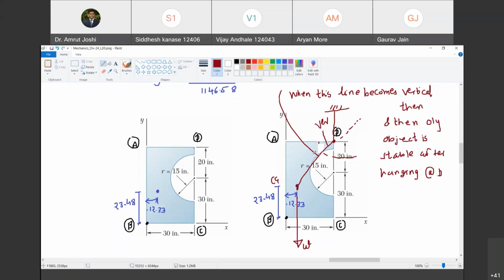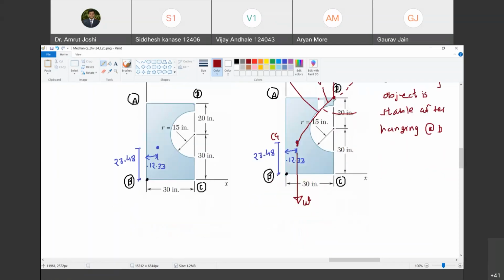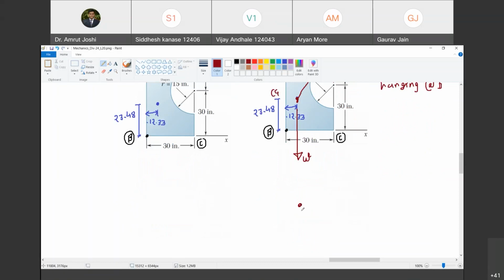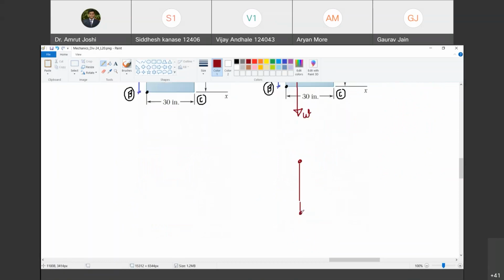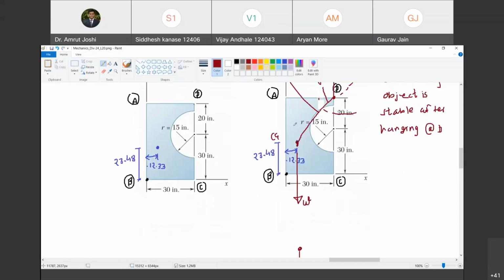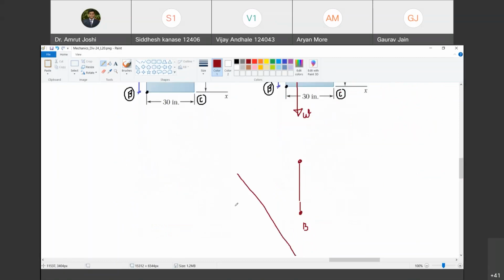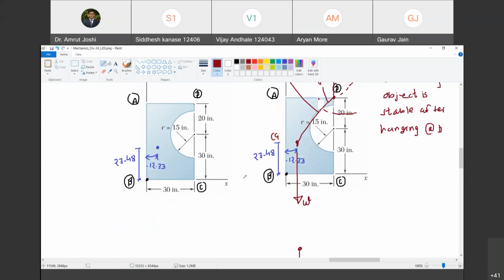One minute. I will have to draw this sketch. So let me draw it. Let me show line DB as vertical. Are you with me? Yes, sir. So line DB is vertical. That means this line has to tilt something like this. Do you agree with me? Yes. Are you with me?